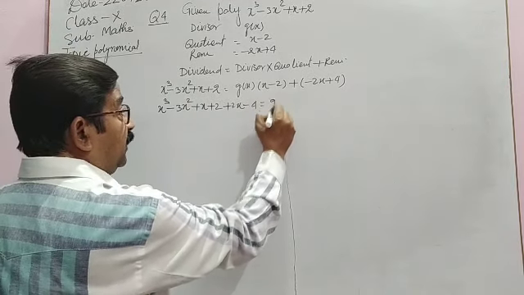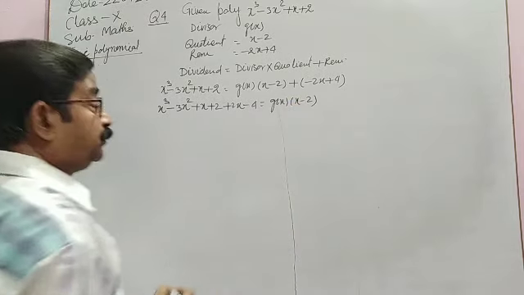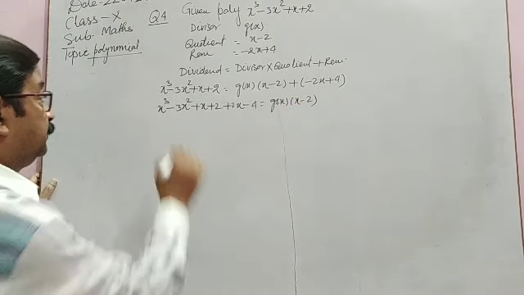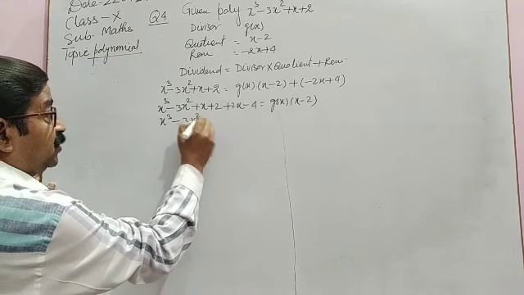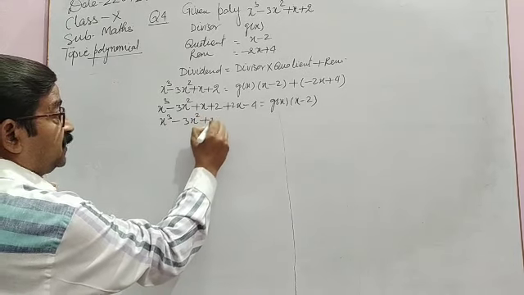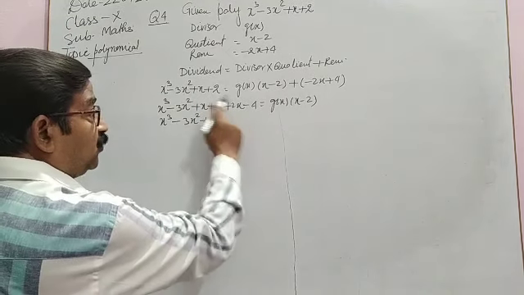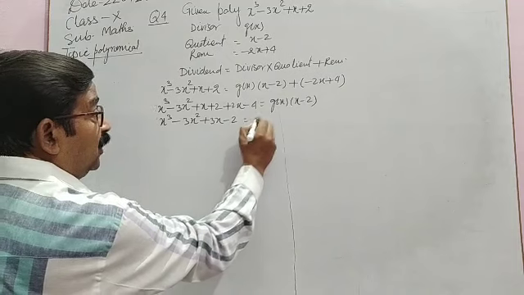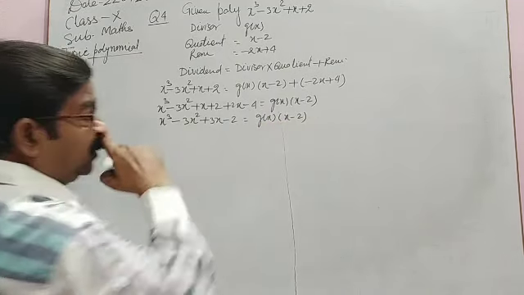And this side we have g(x) into x minus 2. Simplify this. We have x cube minus 3x square plus x plus 2x, which is 3x, and minus 4 plus 2 is minus 2, and this is g(x) into x minus 2.